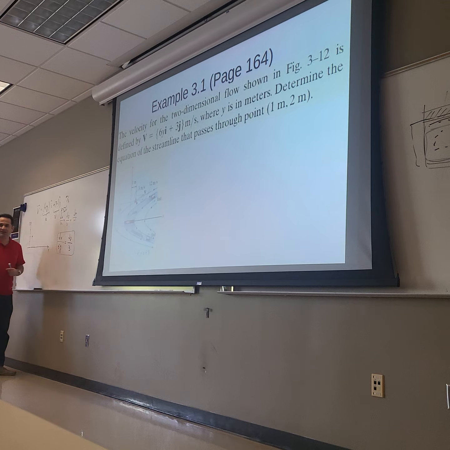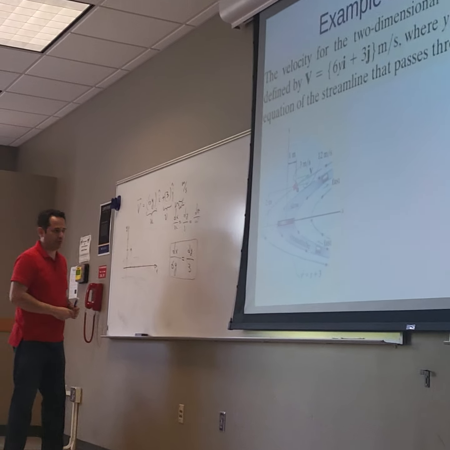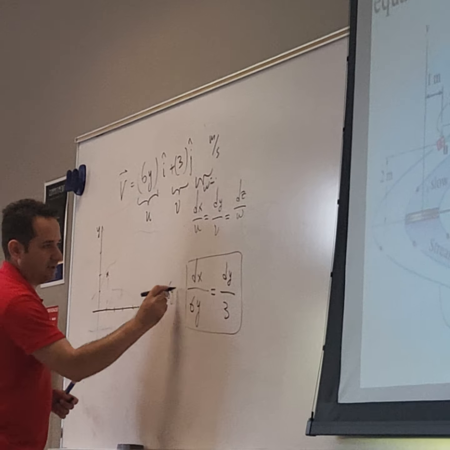So solve this equation. It's very easy. Probably the easiest form of differential equation. If you have that course, ordinary differential equations, that's the easiest one. So multiply both sides by 6y. If I multiply both sides by 6y, what I get is dx is equal to 6 divided by 3, so 2y dy.